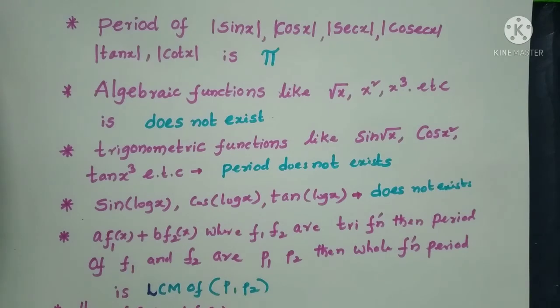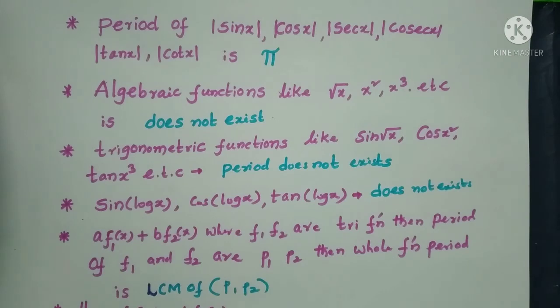Why? Because inside the mod, we can write sine of x plus pi by 2 equals cos x, and cos of x plus pi by 2 gives minus sin x, and the mod gives a positive value. So sin x plus cos x gives the same function.